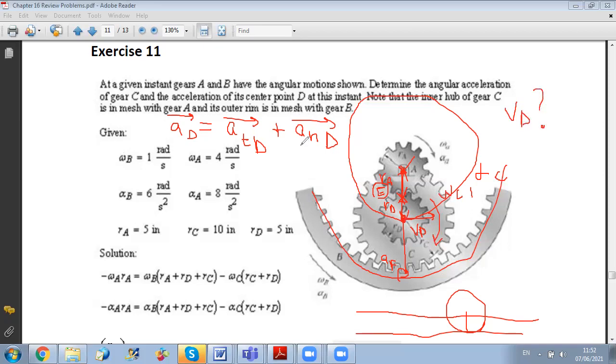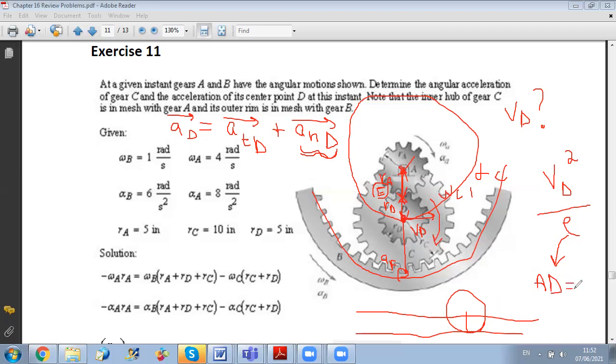Because you know that the normal acceleration of D can be written as VD squared over the radius of curvature of the path of D. And since D is moving on a circle of center A, the radius of curvature of the motion of D is simply the distance between A and D. So AD is just equal to RA plus RD.